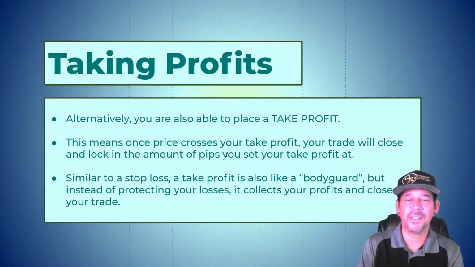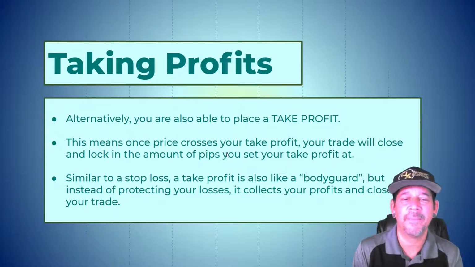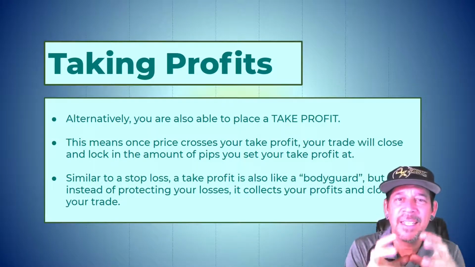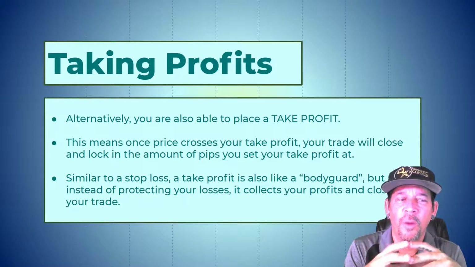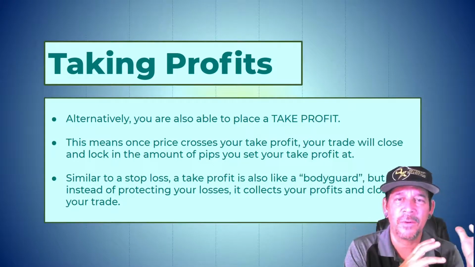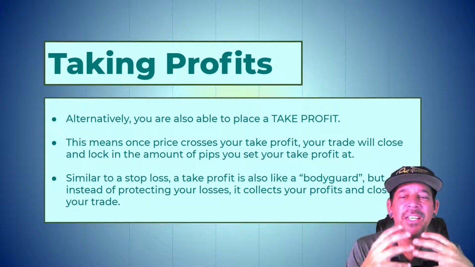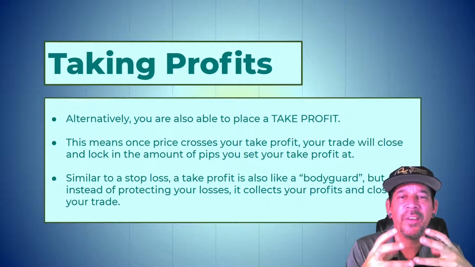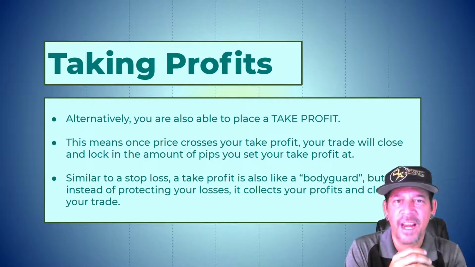Similar to a stop loss, a take profit is also like a bodyguard, but instead of protecting your losses or the money in your broker account, it's going to collect your profits and close out your trade for you.